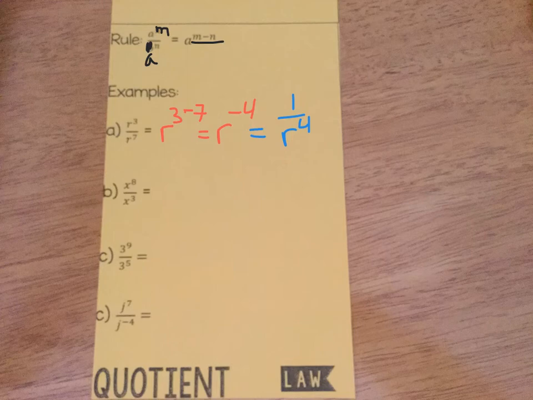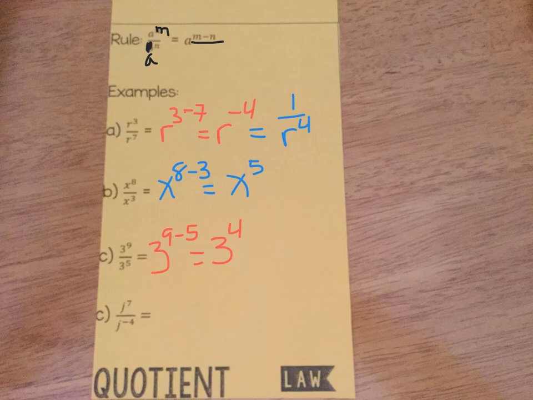So are the bases the same for b? Yes. And we just do 8 minus 3. So that'll give me x to the 5th power. No negative, nothing crazy, so we can leave it. And now, are the bases the same for c? Yes. 9 minus 5, which will give us 4, so 3 to the 4th power.